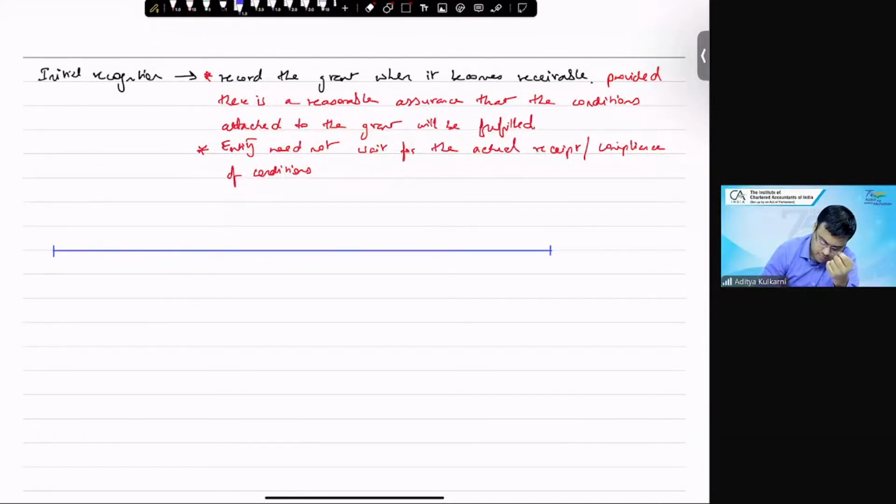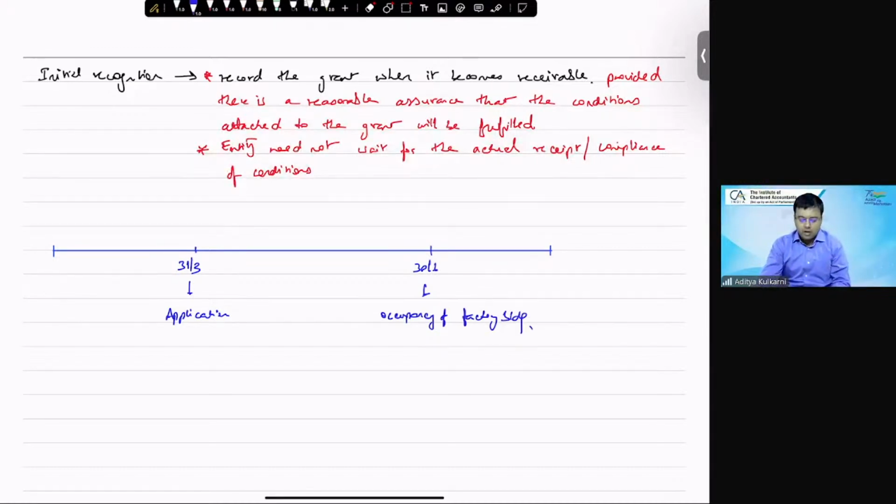ओके, 31st मार्च ये है एप्लीकेशन का डेडलाइन, 30th जून ऑक्यूपेंसी ऑफ फैक्ट्री बिल्डिंग। ओके, सो एज ऑन 31st मार्च आपने एप्लीकेशन फॉर्म भर दिया। Why are you going to fill the application form? आपको शायद यकीन होगा कि 30th जून तक मेरा फैक्ट्री बिल्डिंग बन के तैयार हो जाएगा। 31st मार्च को तो वो रेडी था भी नहीं, बट आपको मालूम है कि नेक्स्ट 3 मंथ्स में काम करवा के I can set up the factory building.